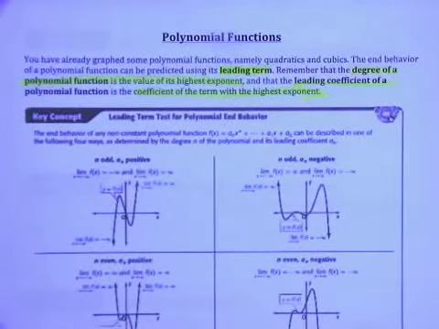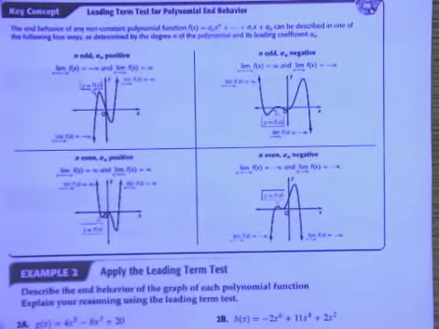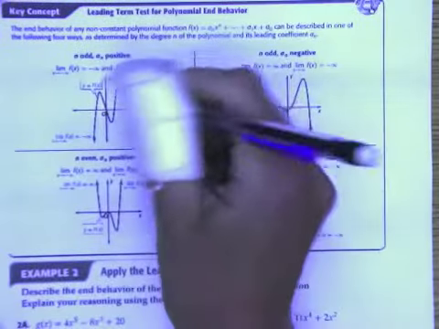If the polynomial is written in standard form, such that all of my exponents are decreasing as I'm looking at the polynomial from left to right, then the very first term tells you everything you need to know about the end behavior of the graph. And so you see 4 basic different ways that a polynomial function can look.